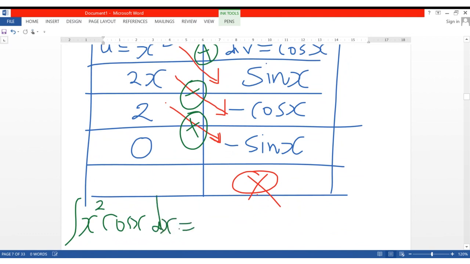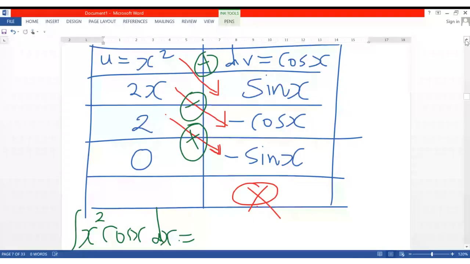So I'll multiply x squared times the positive sign times sin x. I remain with x squared sin x. I'll multiply 2x times a negative cos x. Remember, the reason for putting the sign was so that I can multiply. So 2x times a negative, you'll get negative 2x.